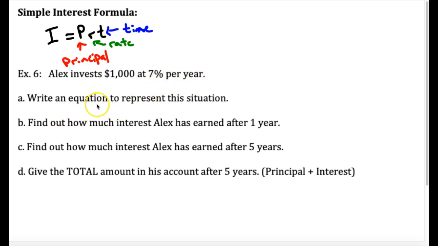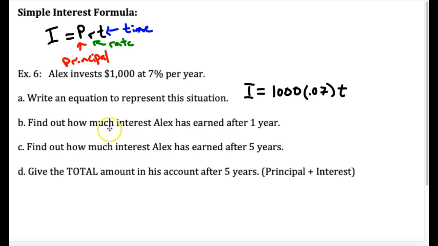Okay, so first, an equation to represent this situation. Plugging our information in here, we can say our interest is equal to the principal amount, which is 1,000, times the rate, so 7% as a decimal would be 0.07, times the time. Right? We don't have any information on the time yet.